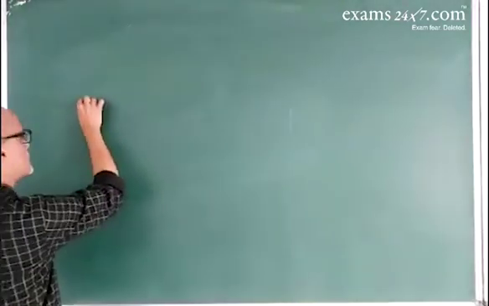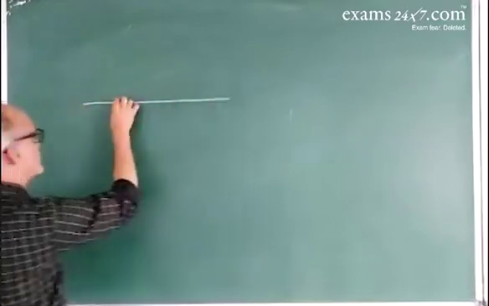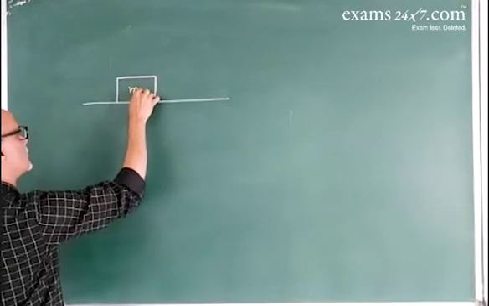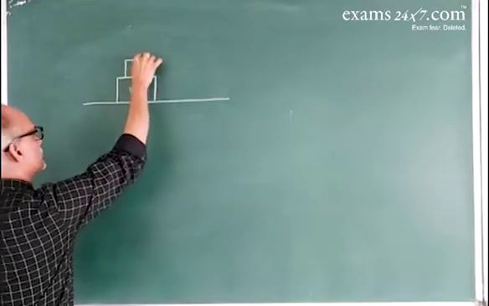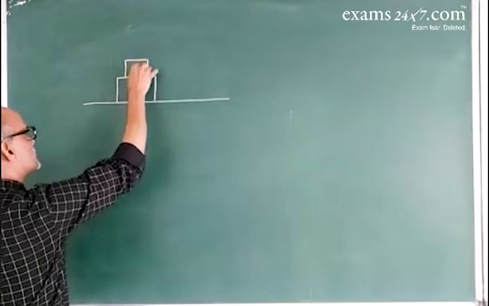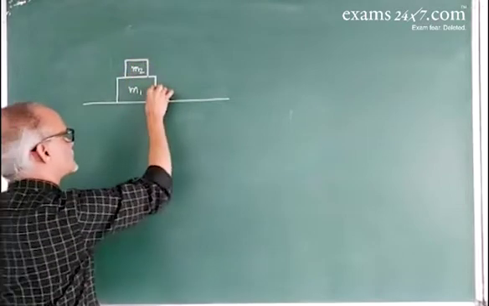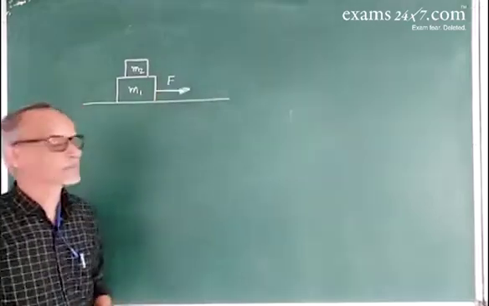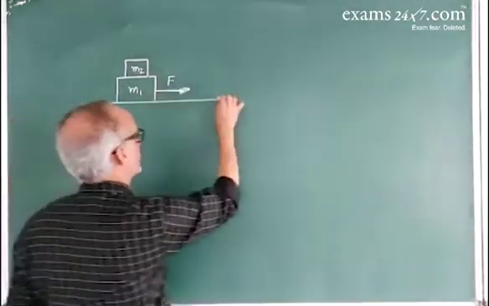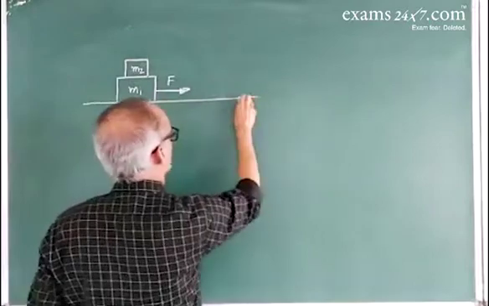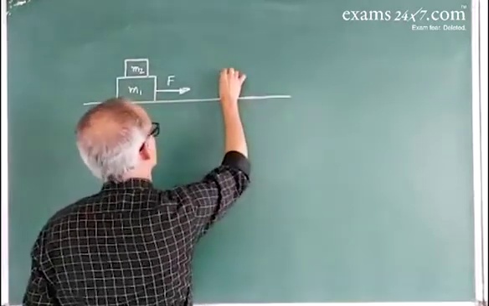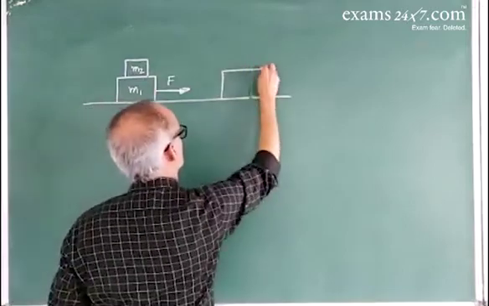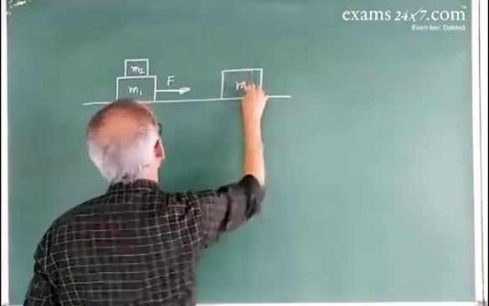So again consider an arrangement where we have a mass M1 over which another block M2 is placed, and a force is applied on M1, and this block gets displaced through a distance.